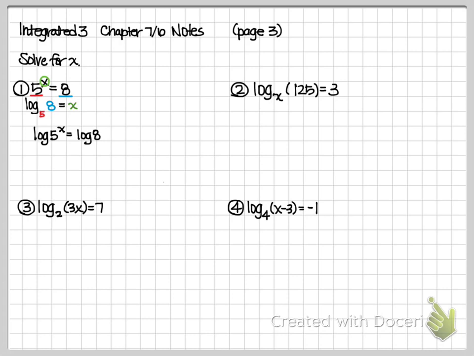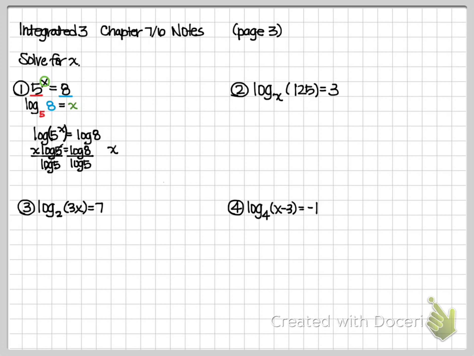As soon as I do that, keep in mind that this whole thing is inside the logarithm. I can get the x to come down in front, and then I would just go ahead and divide by log 5 to get the x by itself. So this is another process that we could follow.